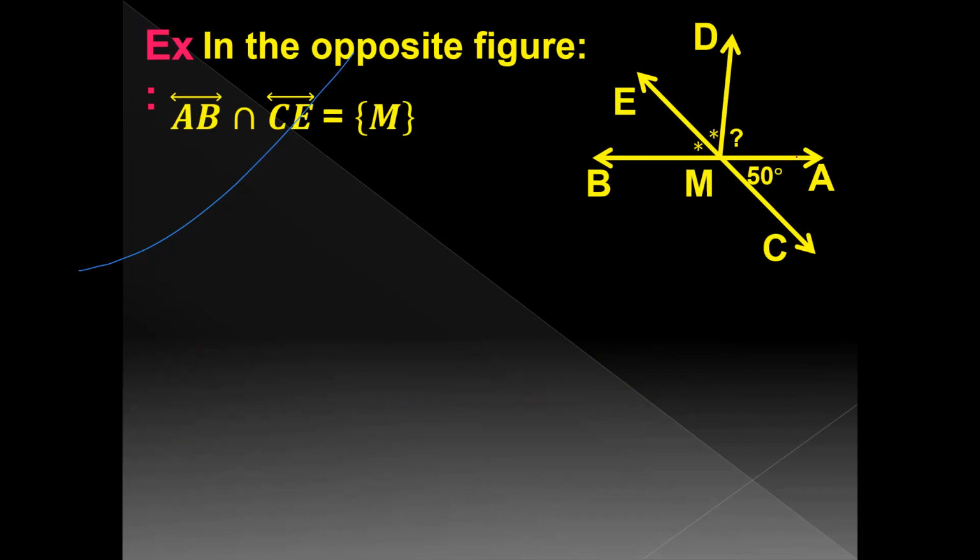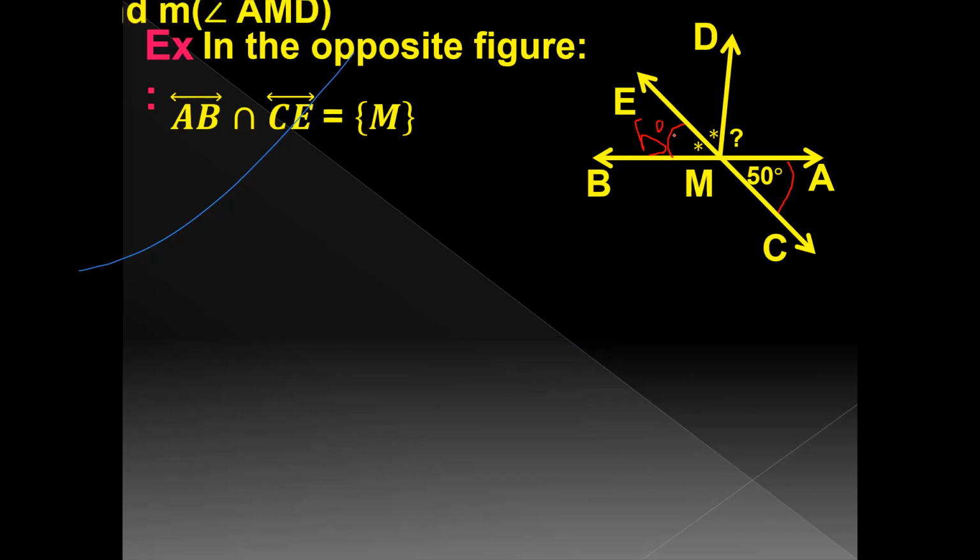Where are the vertically opposite angles? Angle AMC is 50 degrees, and the vertically opposite angle, angle EMB, will also be equal to 50 degrees. The two angles are vertically opposite angles. The straight lines intersect, so the vertically opposite angles are equal in measure.